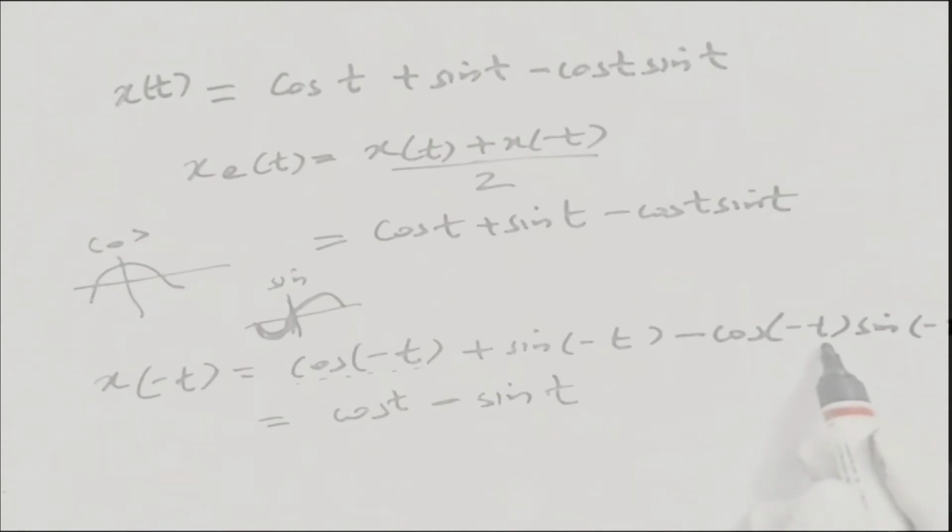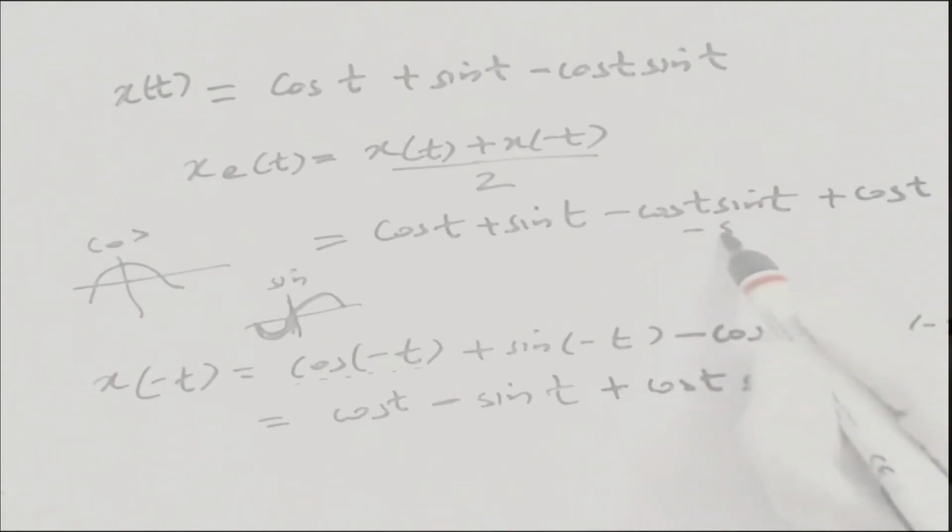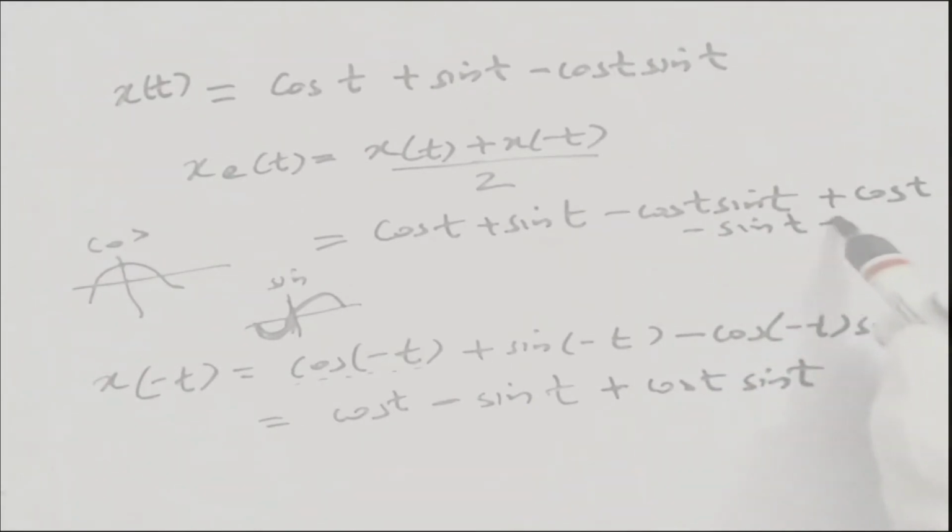Again, cos of minus t is plus cos t, while sin of minus t is minus sin t, so minus minus plus. So this is the value for x of minus t. If we substitute here, this is plus cos t minus sin t plus cos t sin t divided by 2.